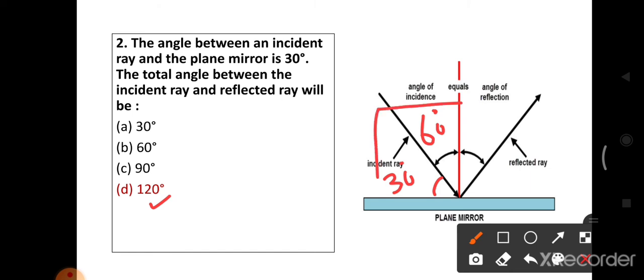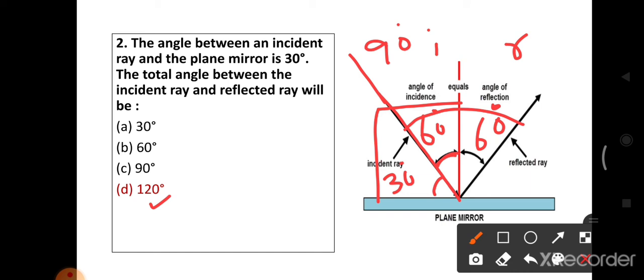The total angle is a right angle, 90. So here the angle of incidence is 60, which means the angle of reflection is also 60. So the total angle from the incident ray to the reflected ray is 60 plus 60, 120.